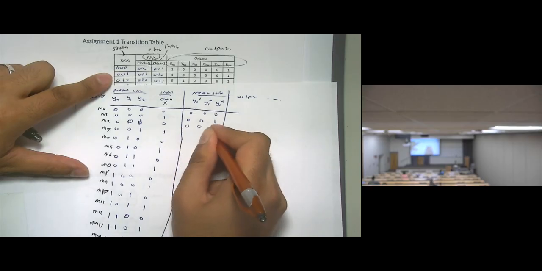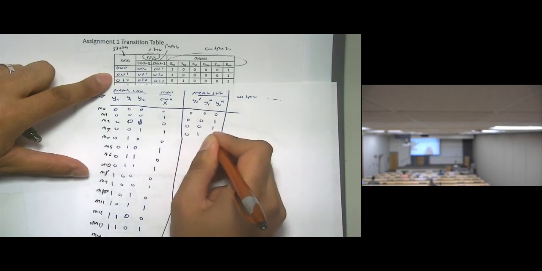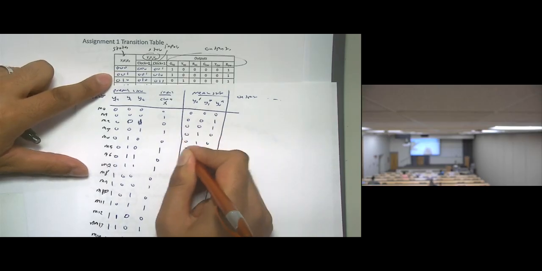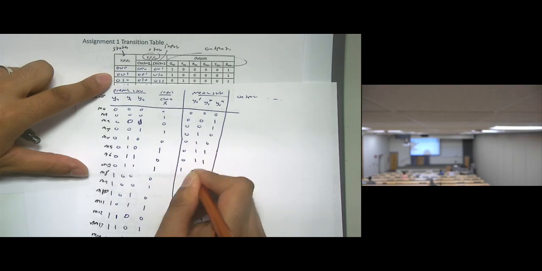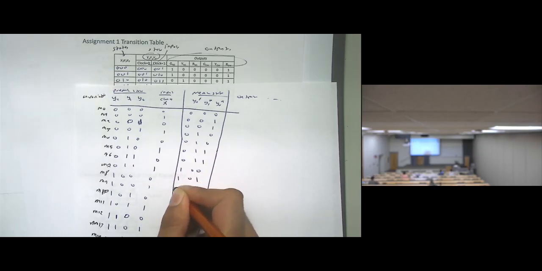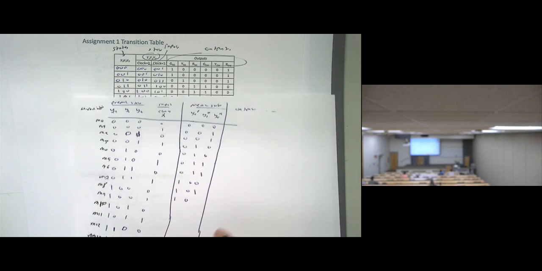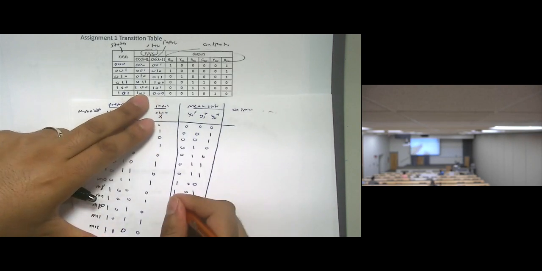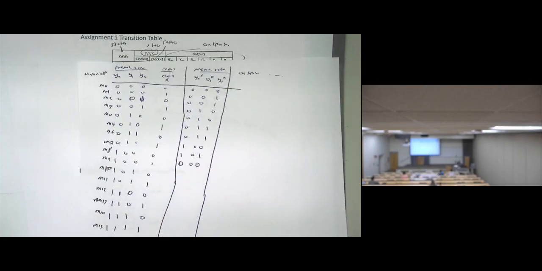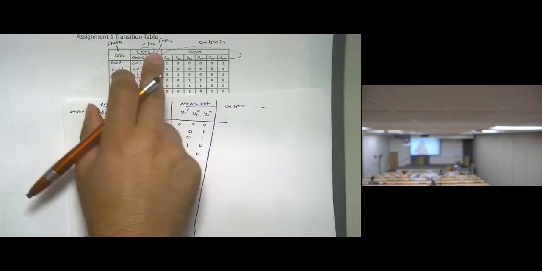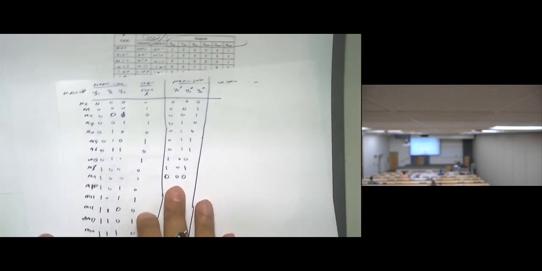Here it will be 0, 0, 1, here it will be 0, 1, 0, then 0, 1, 0, 0, 1, 1, then here 0, 1, 1, then here 1, 0, 0, 1, 0, 1. In this state, after 1, 0, 0, it will be 0, 0, 0. Okay? So by drawing this, we have written the table for the states until here.